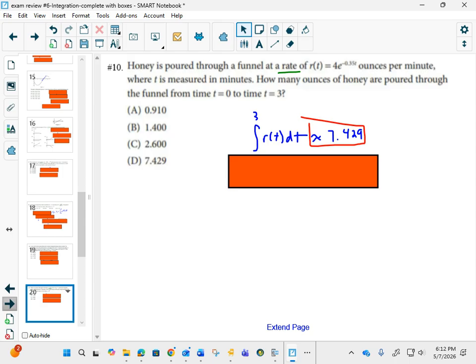This question would be more mean if they had said at time equals 0, there was, I don't know, 3 ounces of honey in the container. You don't need that information, but that could throw you off on this question.